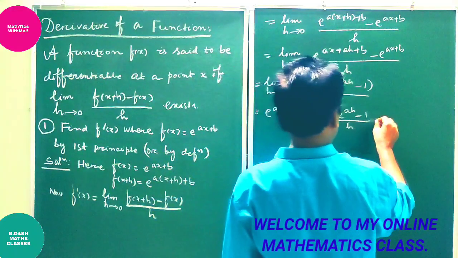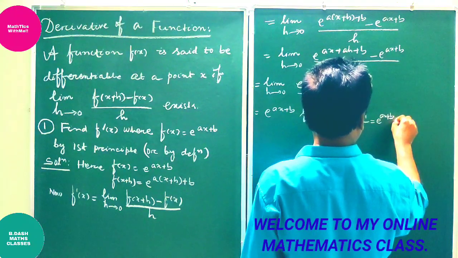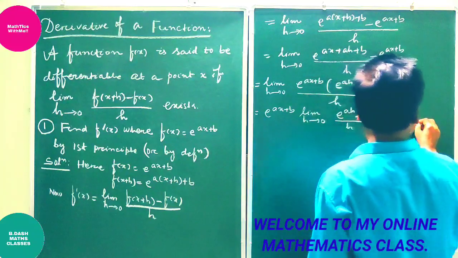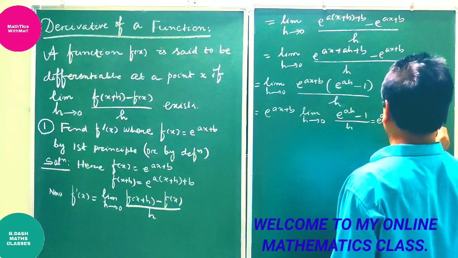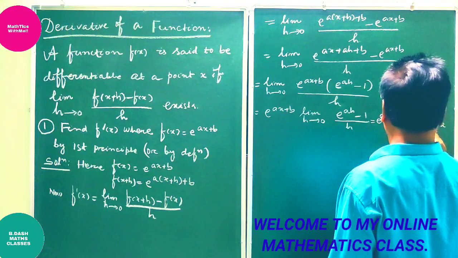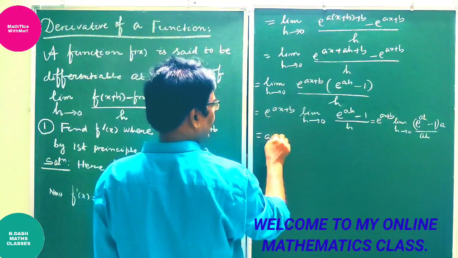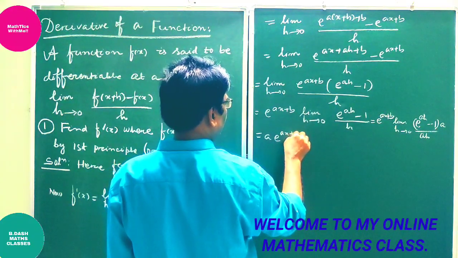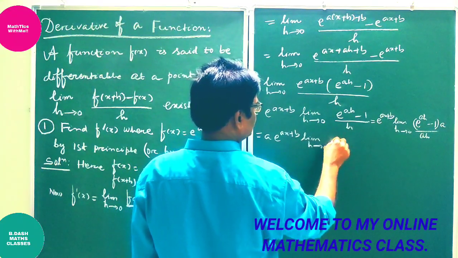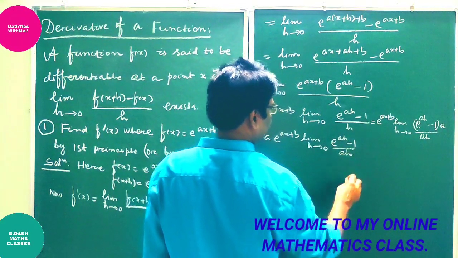So this can be written as e to the power a x plus b limit h tends to 0 e to the power a h minus 1 into a by a h. So this is equal to a e to the power a x plus b limit h tends to 0 e to the power a h minus 1 by a h.